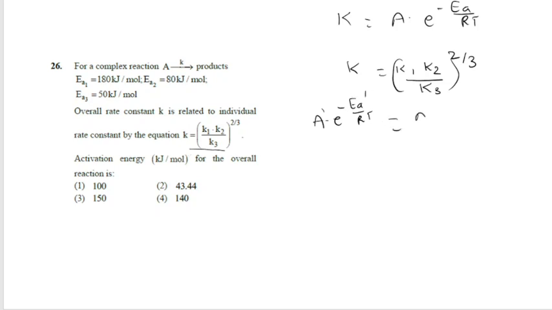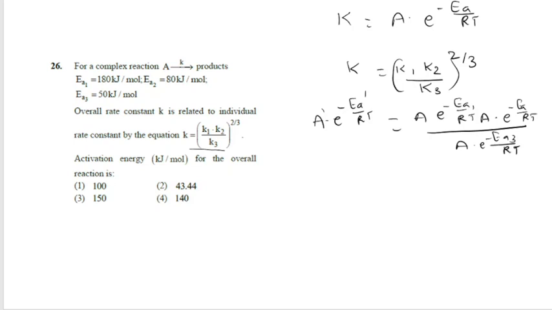And K1 is nothing but A into, as it is the overall reaction, A into e power minus EA1 by RT into A into e power minus EA2 by RT, right, divided by A into e power minus EA3 divided by RT.